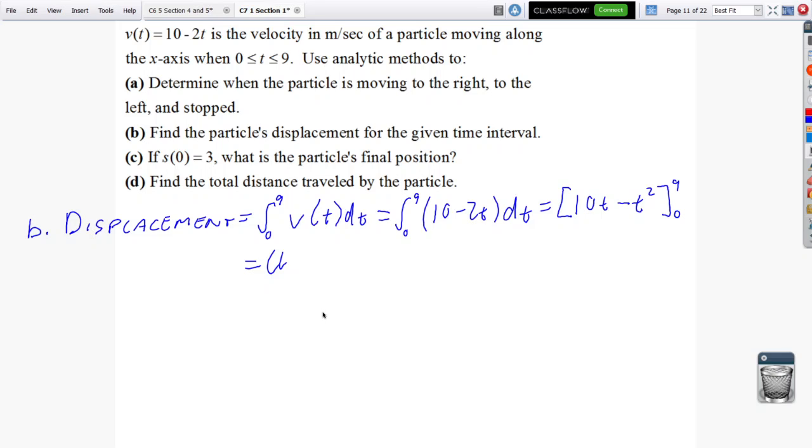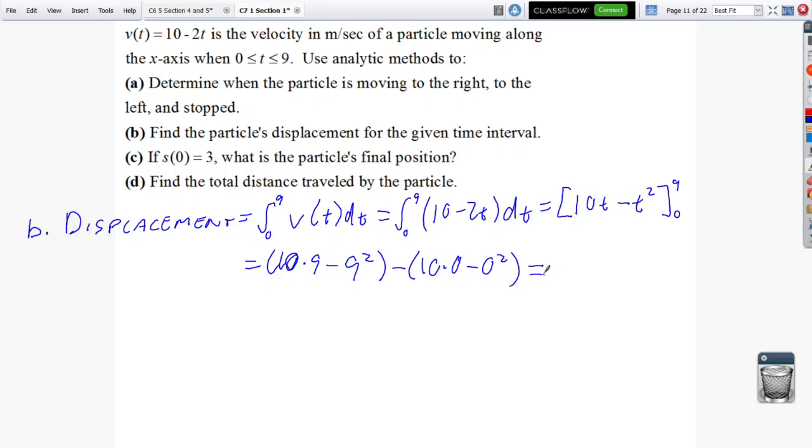Somehow my pen completely went away. There we go. 10 times 9 minus 9 squared, minus evaluate at the lower, 10 times 0 minus 0 squared.